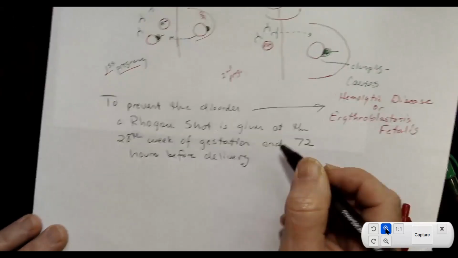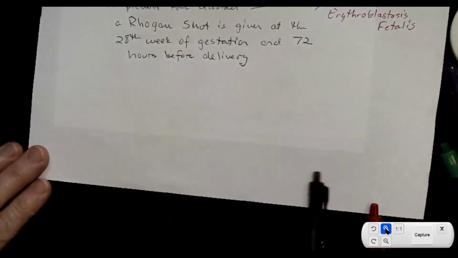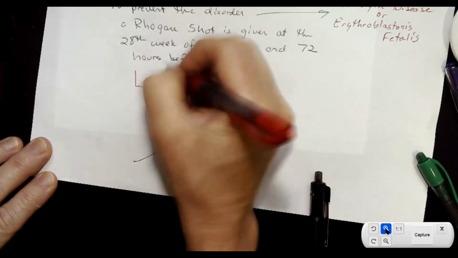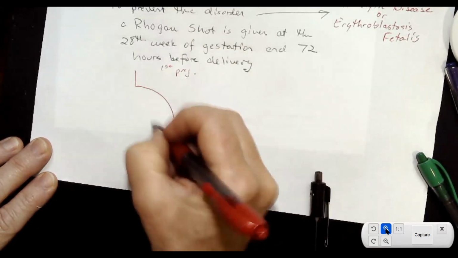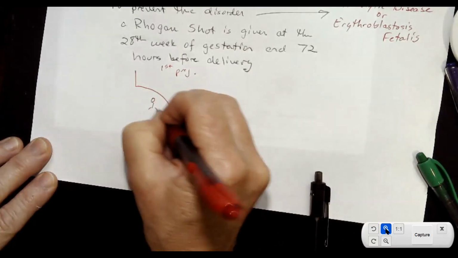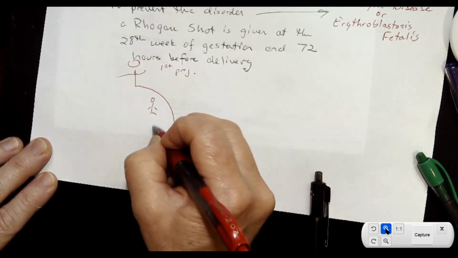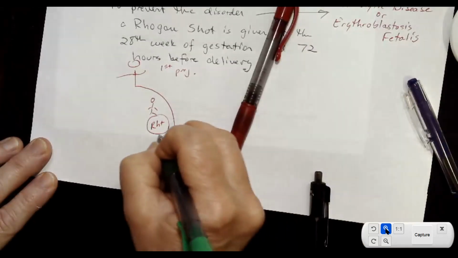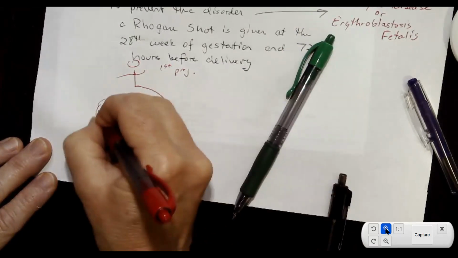So what happens is, if this shot is given, let me just draw the mother here. This is the first pregnancy. Junior is Rh positive. The mother is Rh negative.